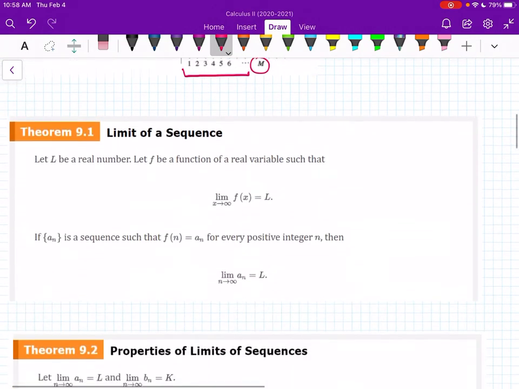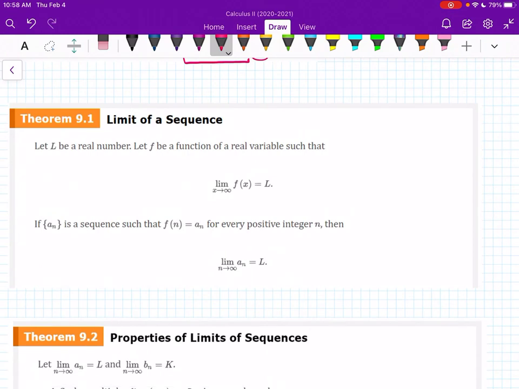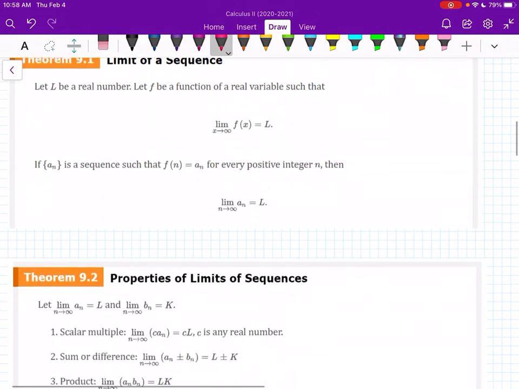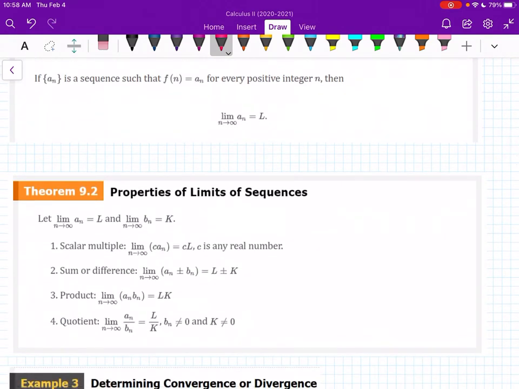All right, so the limit of a sequence. The limit of a sequence is basically if I just turn my formula for my nth term into a function and that limit exists, then we say the limit of the sequence exists. Properties of limits of sequences work exactly how you think they do. If I have two sequences, a sub n and b sub n, and they have limits L and K respectively, then we can add, subtract, multiply, and divide those.